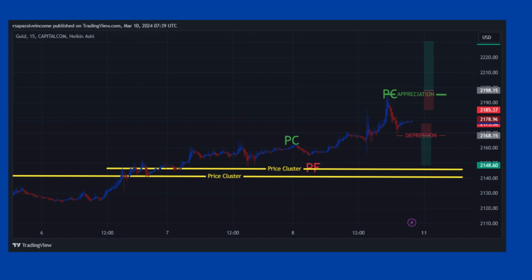So the next thing, what do I look for? It is price clutter, right? I can observe a price clutter somewhere here, price clutter here, another price clutter there.